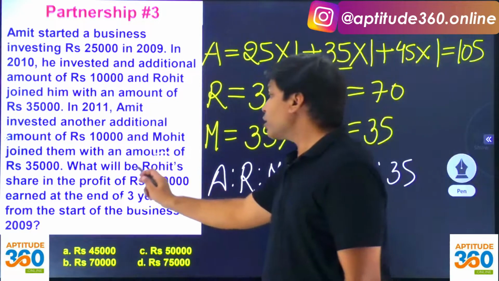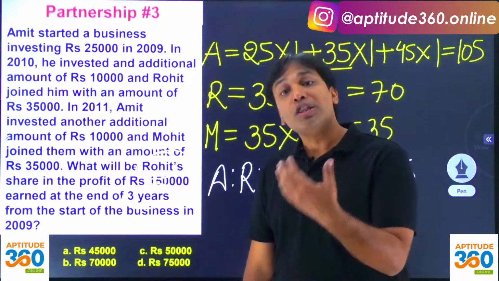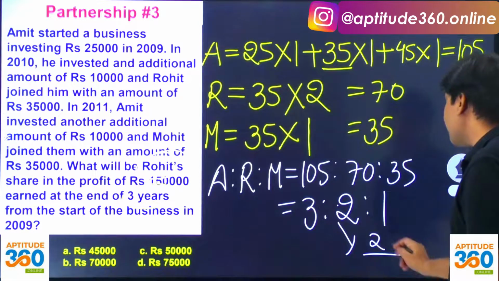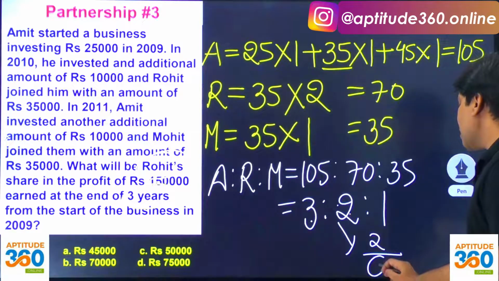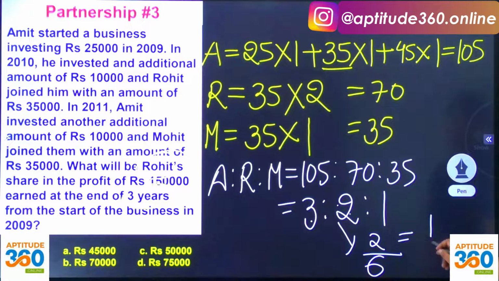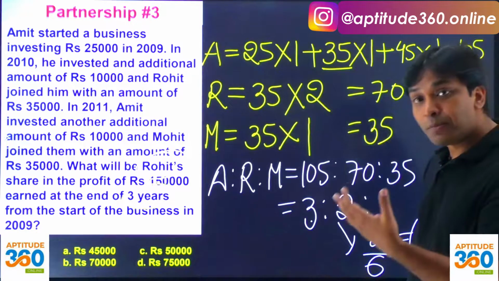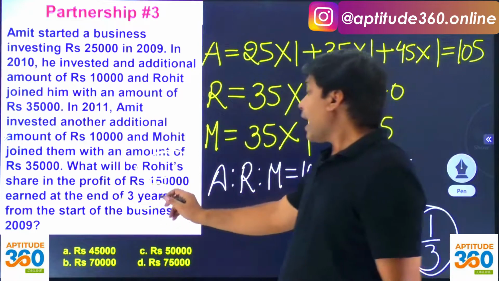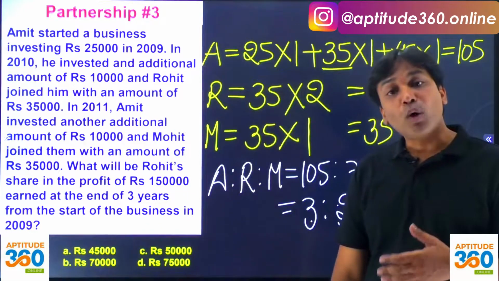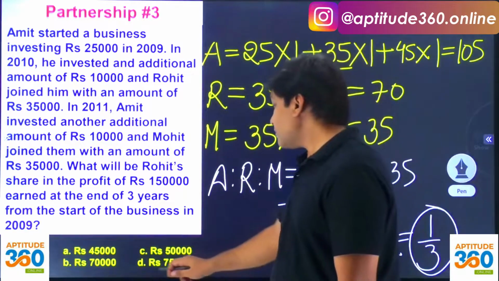And they are asking you how much profit Rohit should be getting. So Rohit should be getting 2 divided by 3 plus 2 plus 1, which is 2/6 of the total. And what is the meaning of writing 2/6 of the total? 1/3 of the total profit should be going to Rohit, and the profit is what? It is 1,50,000 rupees. What is 1/3 of 1,50,000 rupees? 50,000 rupees.